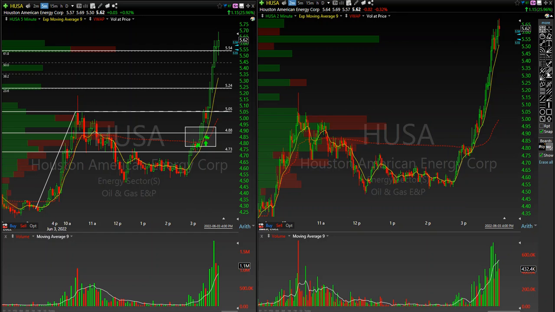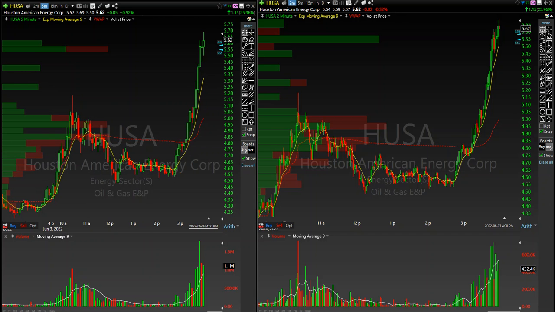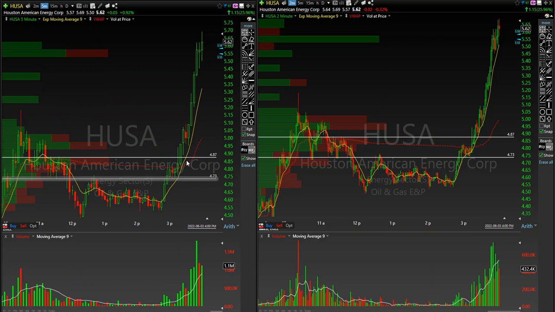So if we were to measure very, very simply where our risk to reward is, you can actually see right through here that our risk is going to be, there's our entry, there's going to be our rough risk there, okay?